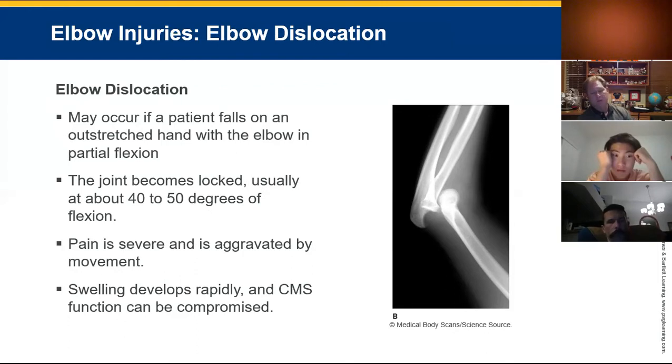And that was one of the big things that was pushed into our heads when we were going through paramedic school, is why we don't want to quickly try and pop a joint back into place without x-ray, not knowing where those processes are. So next.